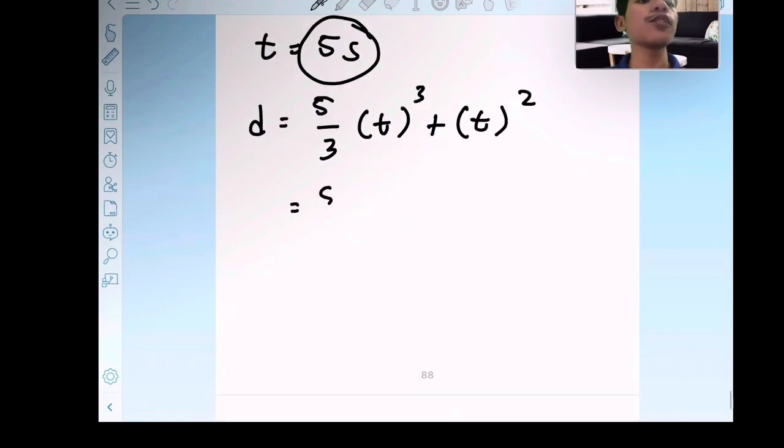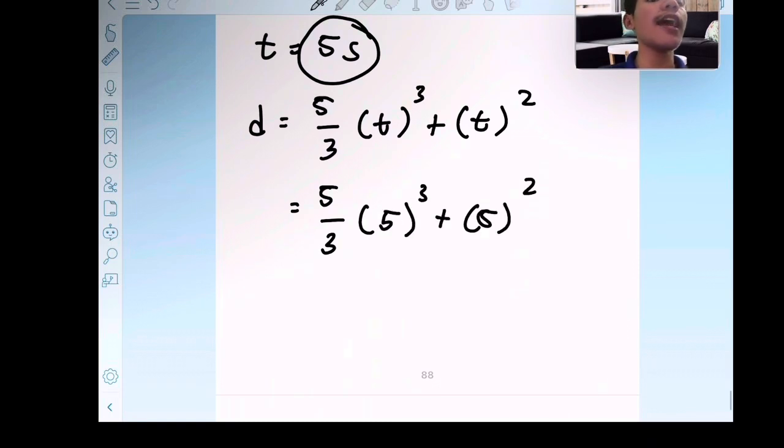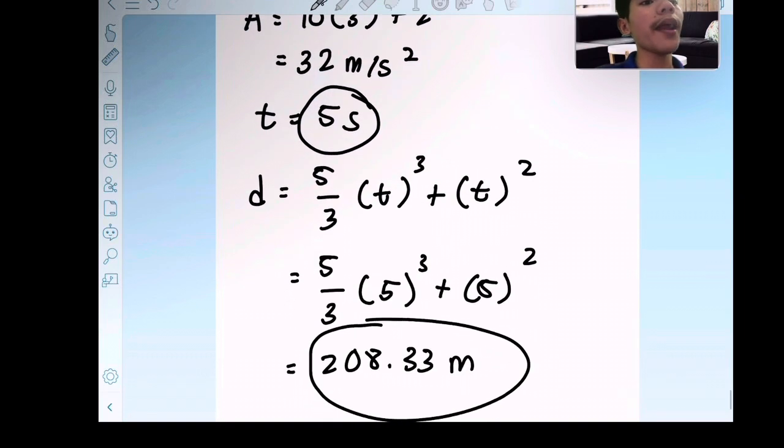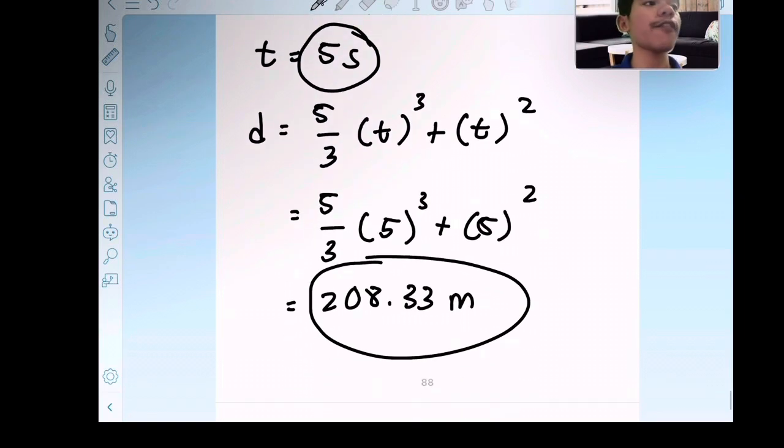We just have to substitute the t value into this, and by pressing the calculator we get 208.33 meters. So this is the distance that I will have reached when the time is 5 seconds.